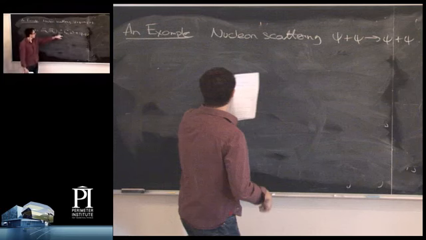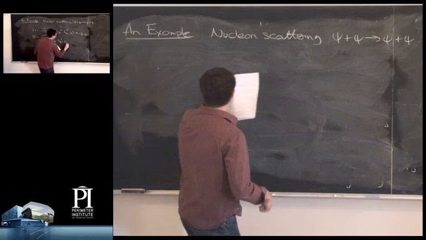Okay, so I act with two creation operators for the psi particles. They're the B's, and these are these relativistic factors that I have to put in for normalization. The final state is also going to be two nucleons, but we're interested in some scattering process.